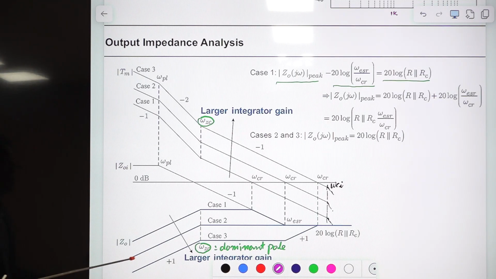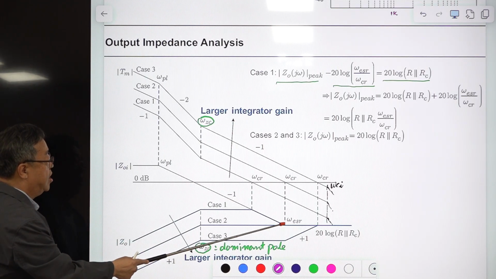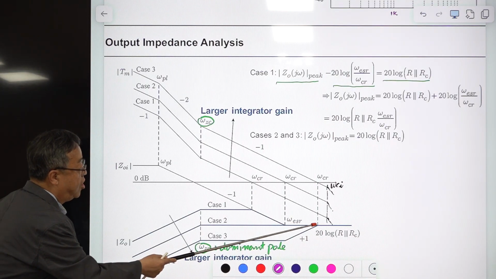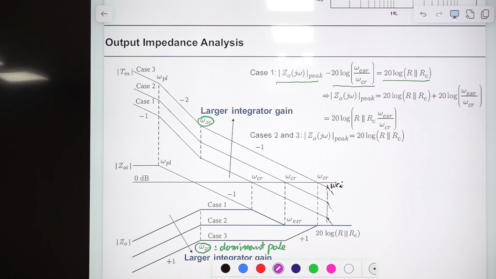For the case number 2, where this omega CR occurs at the omega ESR, the peak value is the same as the high frequency asymptote of output impedance, which is this one, very similar to 20 log RC. Okay, because R is much larger than RC, you are seeing just a smaller guy.